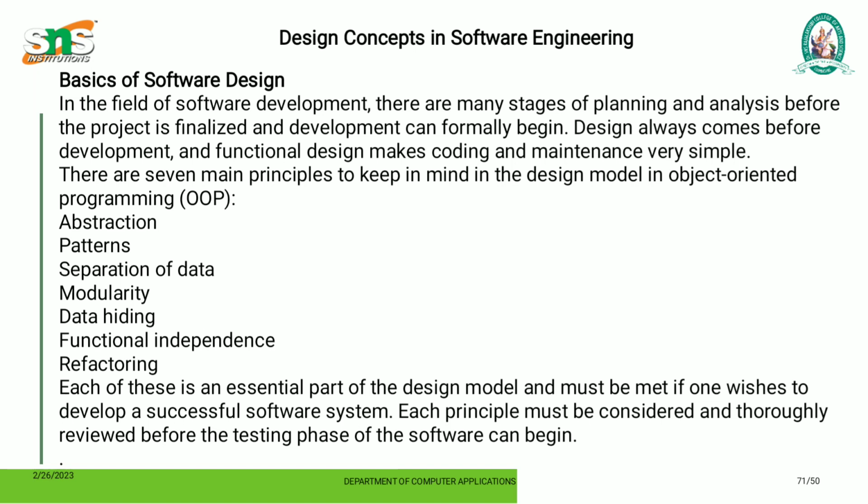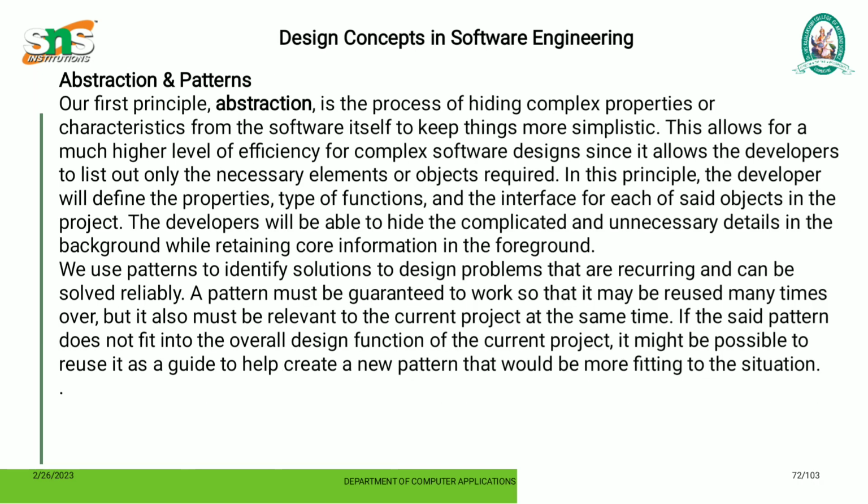So the basic software design consists of abstraction, pattern, separation of data, modularity, data hiding, functional independence, and refactoring. Each of these is an essential part of the design model and must be met if one wishes to develop a software system. So let us see what abstraction is.